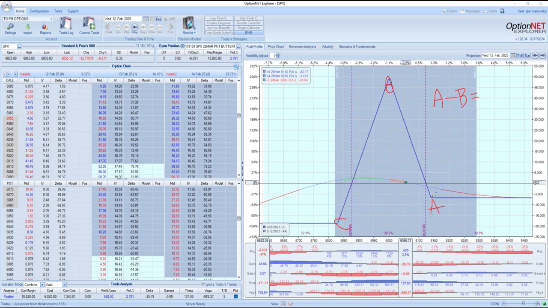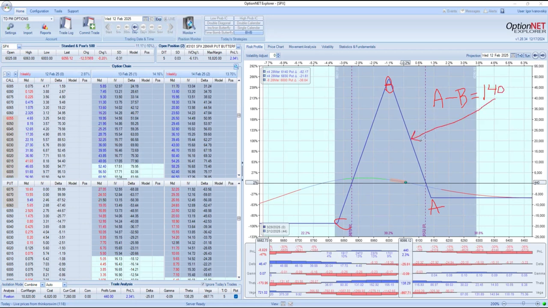So the long leg of the put debit spread is 6140. So we take 6140 minus 6,000. That's our point B. We have 140 points.